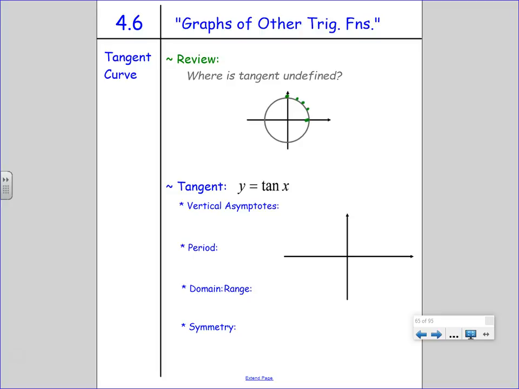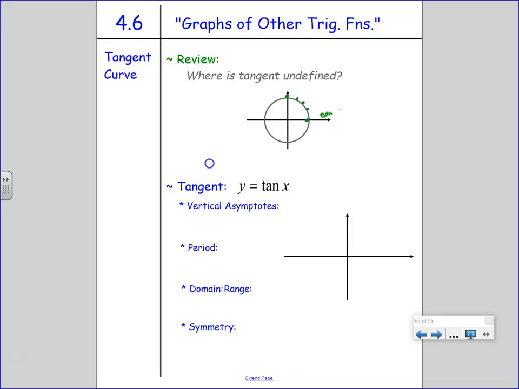What's tangent of 0? Zero. Right? It's 0. Square root of 3 over 3, 1, square root of 3, undefined, right? So, starting at 0. So tangent of 0 is 0. Oh, well, I guess we can do radians, huh?